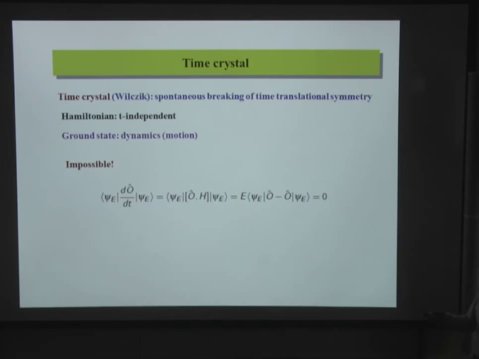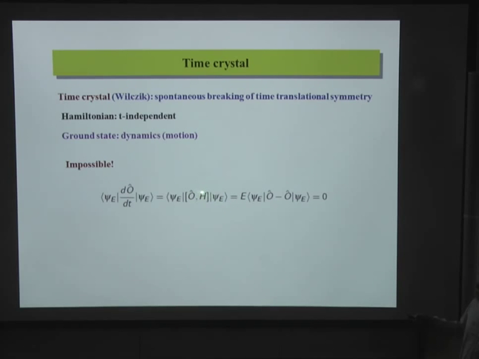Why is it impossible? Because there's a well-known theorem in quantum mechanics called the Ehrenfest theorem, which states that for any eigenstate of a time-independent Hamiltonian, if you look at the evolution of any operator, like operator O here, the time derivative is just zero. Why is it zero? It's just one line of mathematics. If you look at this evolution from the Heisenberg equation, it is given by this commutator, right?